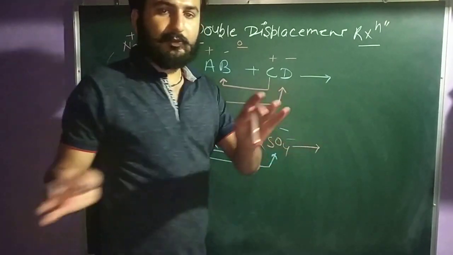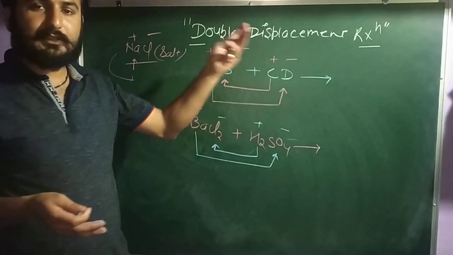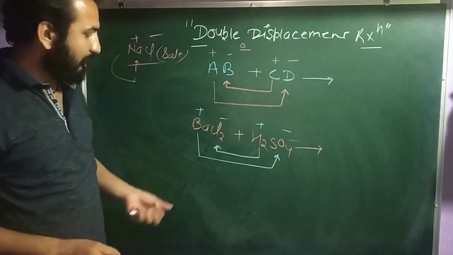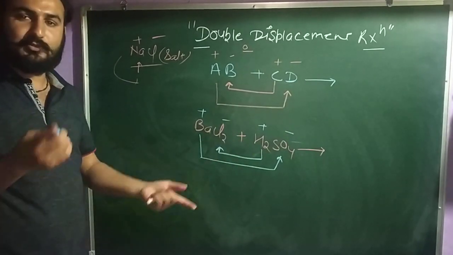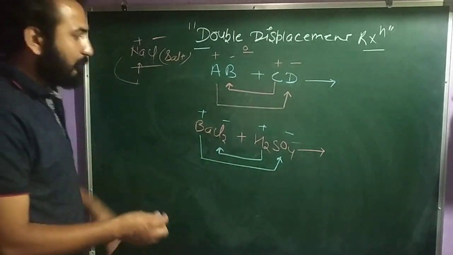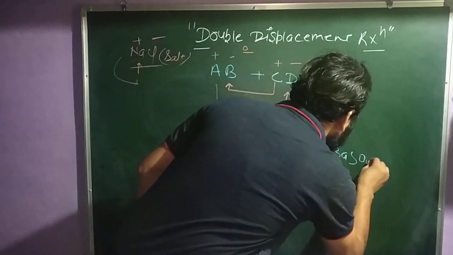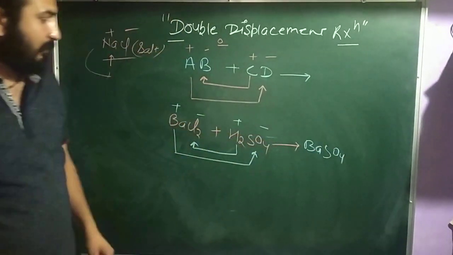And you should keep the knowledge of valencies and how to generate chemical formulas from your 9th class. Clear? So this Ba has +2 charge and SO4 also has -2 charge. So the compound is BaSO4, barium sulfate.